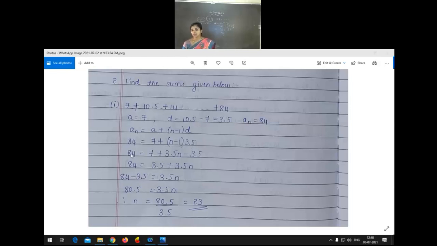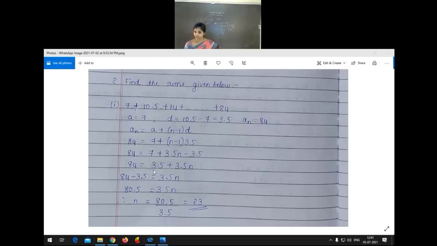Then 84 is equal to 7 plus n into 3.5 is 3.5n. Then minus 1 into 3.5 is minus 3.5. In the next step, 84 is equal to, here you have to operate these two terms first. Are you observing the cursor here? 7 and minus 3.5, we have to operate. 7 minus 3.5 is 3.5 only, plus 3.5n.